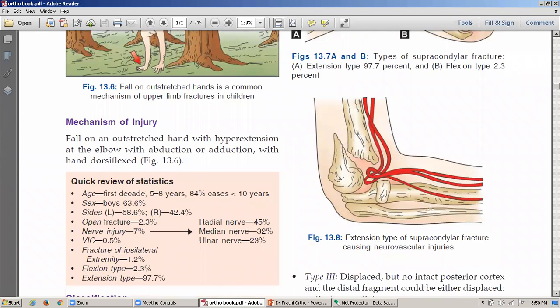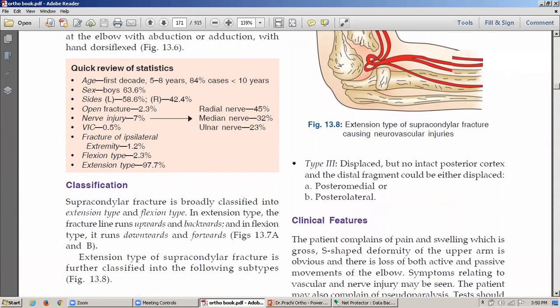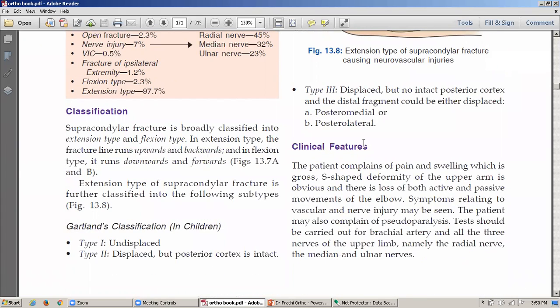And this is the extension type of supracondylar fracture causing a neurovascular injury. Type 3 is displaced with no intact posterior cortex, and the distal fragment could be displaced either A, posteromedially, or B, posterolaterally.